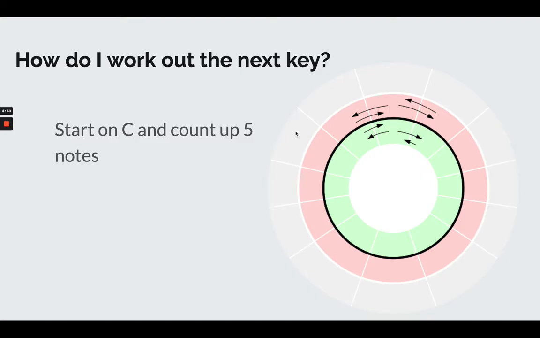Now we'll go over that again later, so don't worry if you're not too sure. Now we need to make sure the next key next to B flat is also a perfect fifth. Perfect meaning a fifth that works really well, it sounds nice, and it isn't a minor sound.